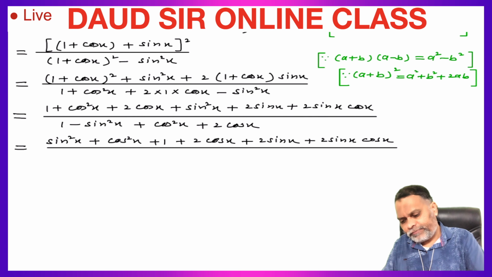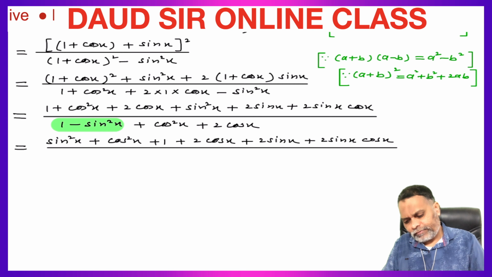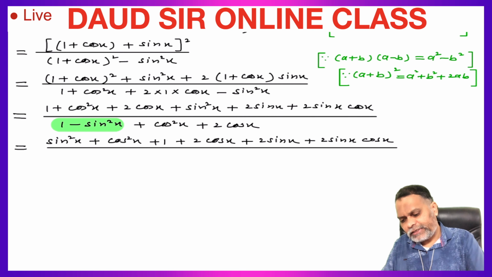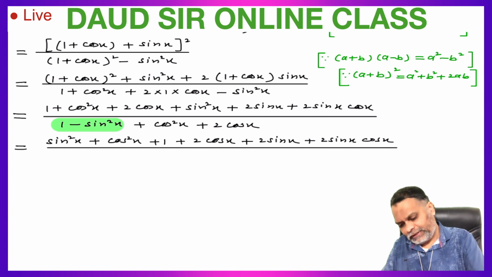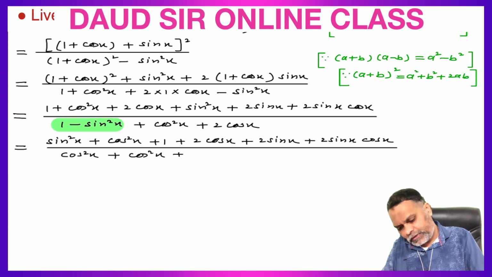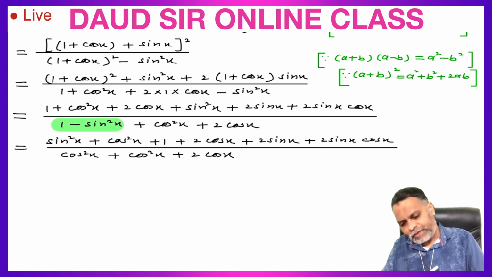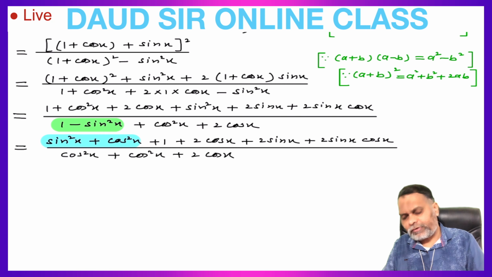here this 1 minus sin square x, we can write as cos square x by using the identity sin square theta plus cos square theta is equal to 1. So 1 minus sin square x can be written as cos square x, plus cos square x as it is, plus 2 cos x. In the numerator, again apply the identity sin square x plus cos square x is equal to 1.